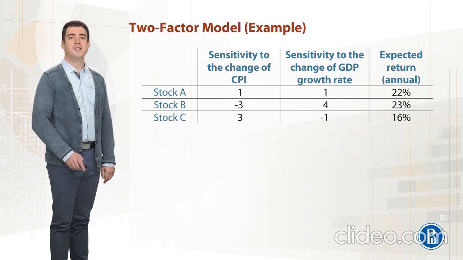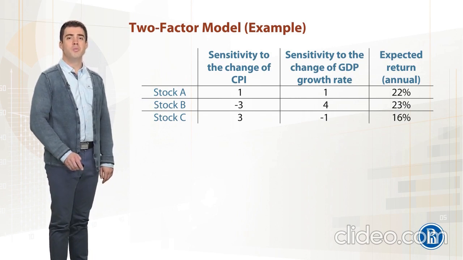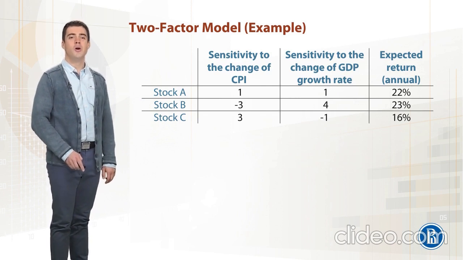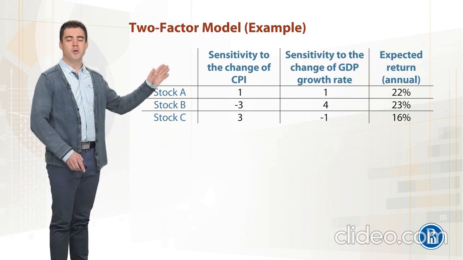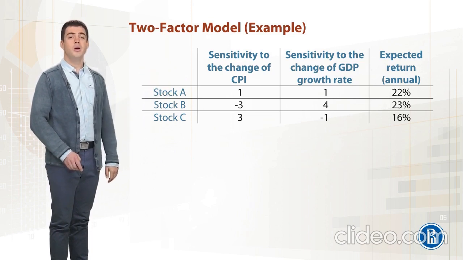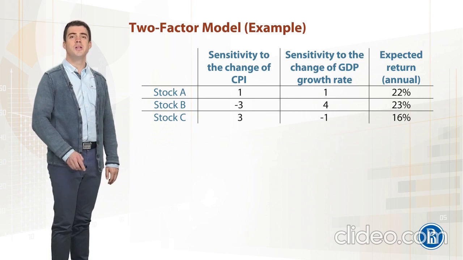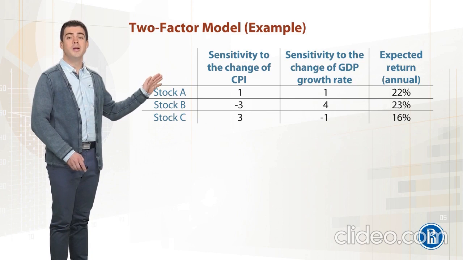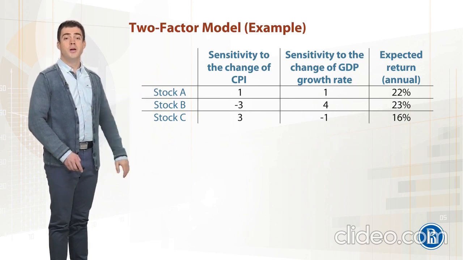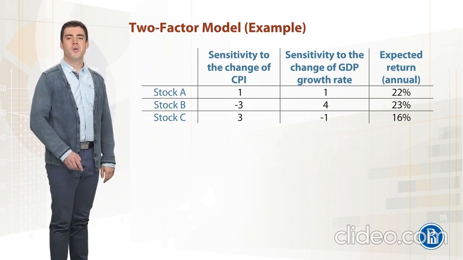Suppose you work as an analyst in the research department of a bank and you hired a team of junior financial analysts with exceptional background in macroeconomics in order to determine the factors that affect the returns of stocks A, B, and C. Your team has studied the empirical data for the last 10 years and come up with the following linear two-factor model. Let's assume that the idiosyncratic stock returns are insignificant and short selling is allowed for all stocks.